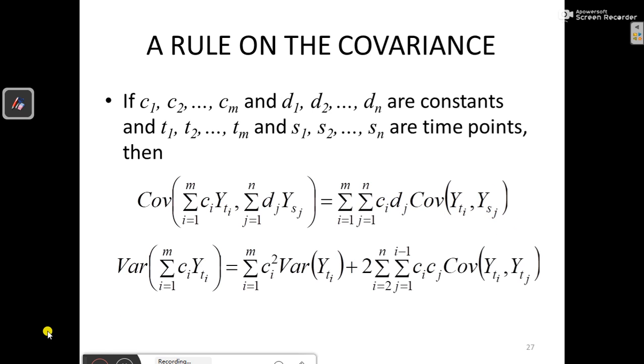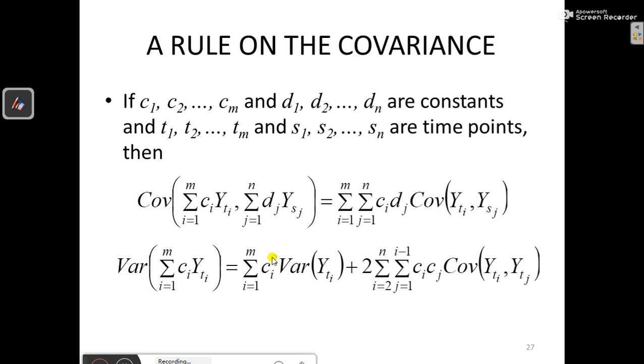Or we can say the variance of this one equals the summation over i equal to 1 to m of ci squared times the variance of Yti. For any variance value we will get this equation.